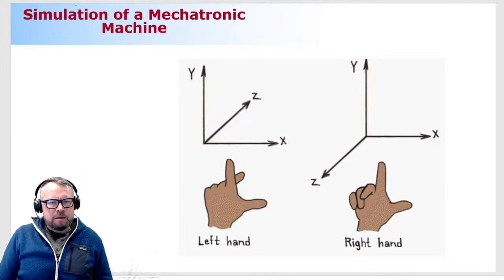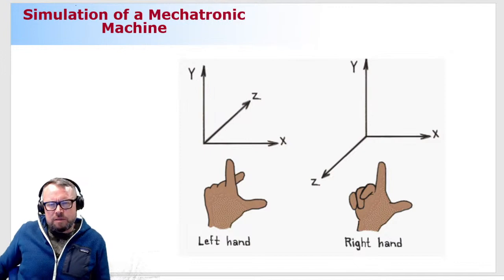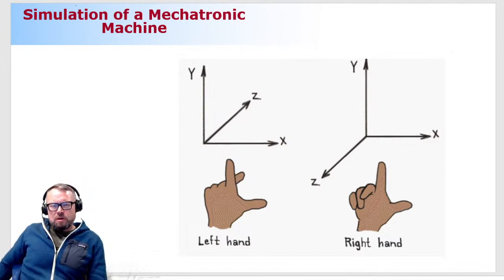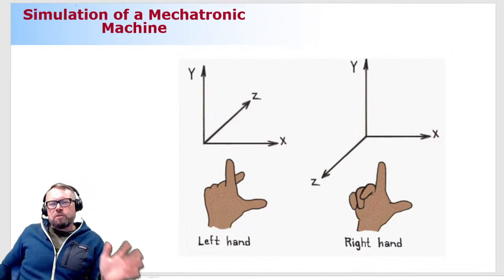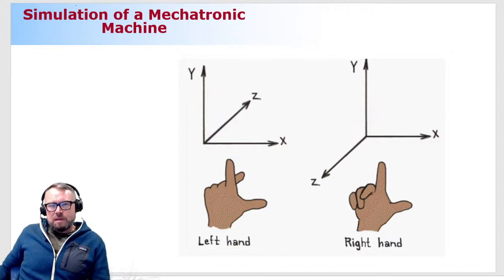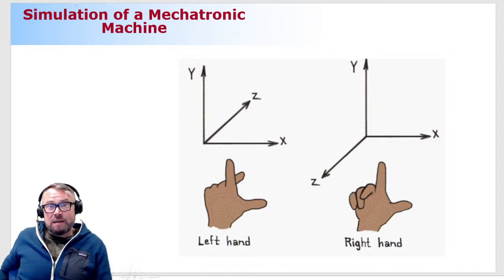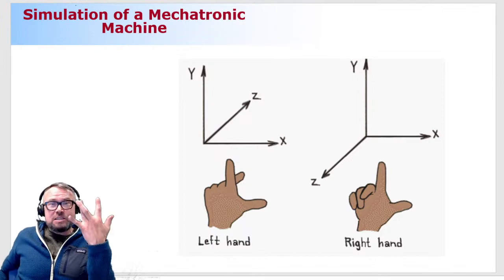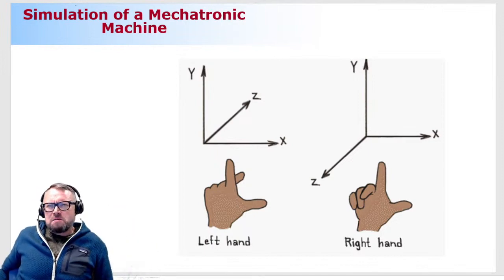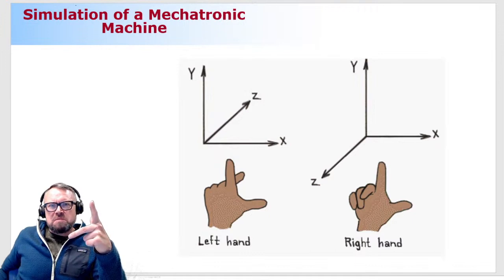And I'm proposing that this class, the simulation of mechatronic machines, let's make our own group for that, like our own gang. And gangs always have their signs, like how to say hello, like East Coast, West Coast, this kind of thing. We're not going to do that, but we do this. Left hand, you can do like this and say respect.